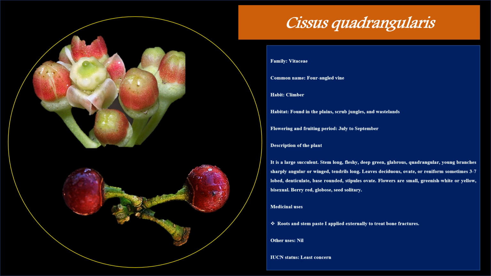So Cissus quadrangularis belongs to the family Vitaceae, and its common name is four-angled vine. Its habit is climber, and its habitat is found in the plains, scrubby jungly areas, or you can say the wasteland areas. The flowering and fruiting period is from July to September. As I have told, the habit is vine-like, I mean climber-like.